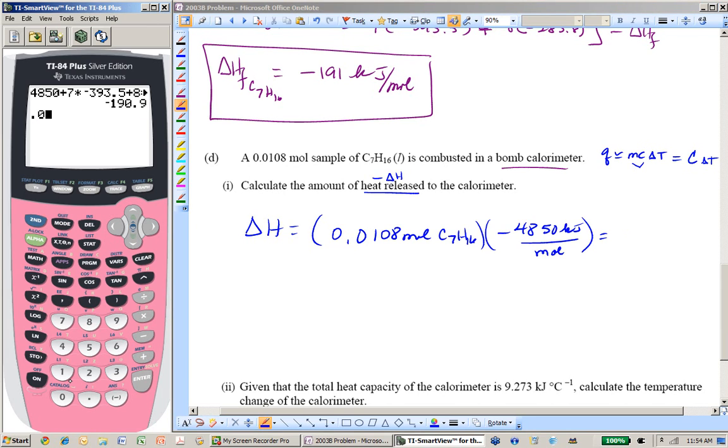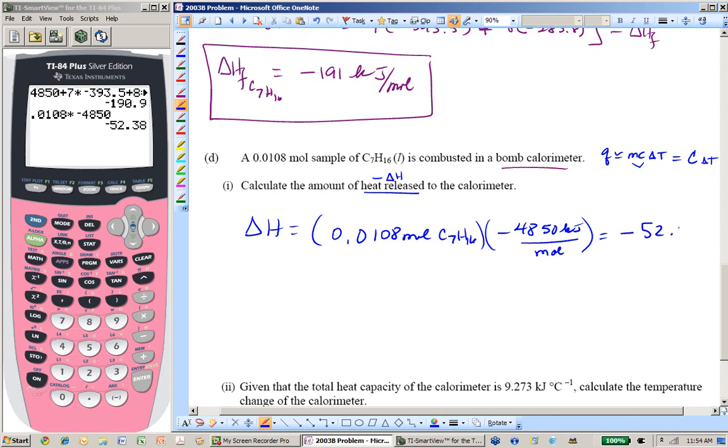So 0.0108 times a negative 4850 gives me a negative 52 point, let's call it 4 kilojoules. And that's equal to Q.